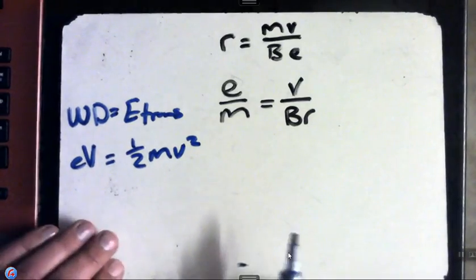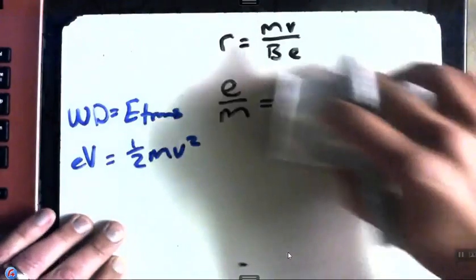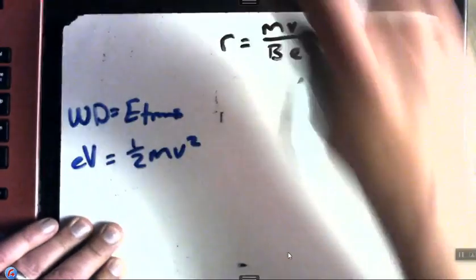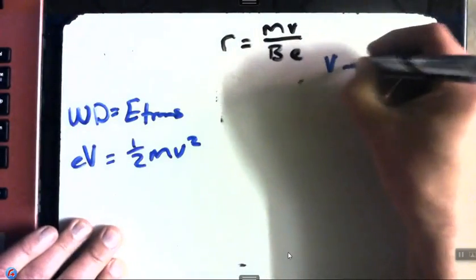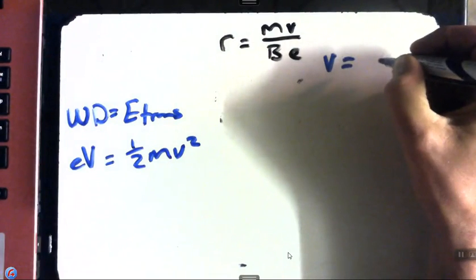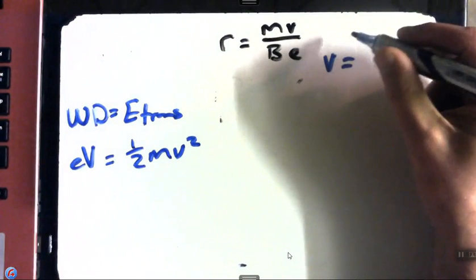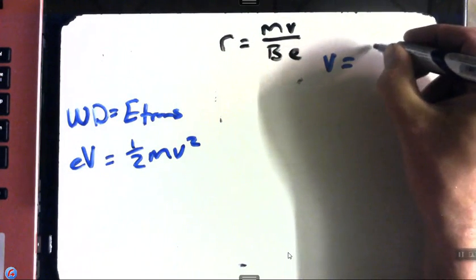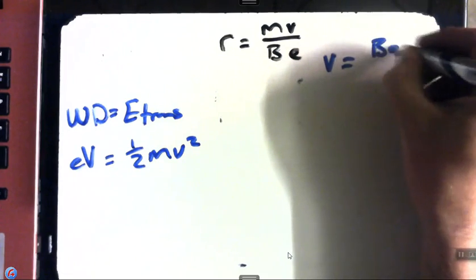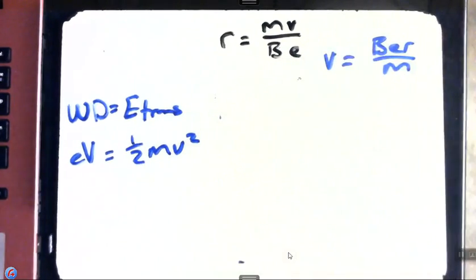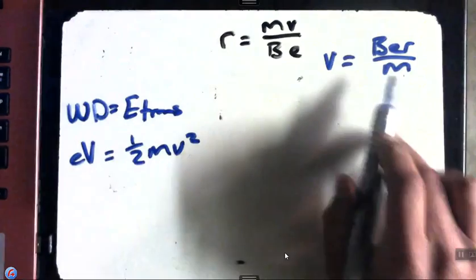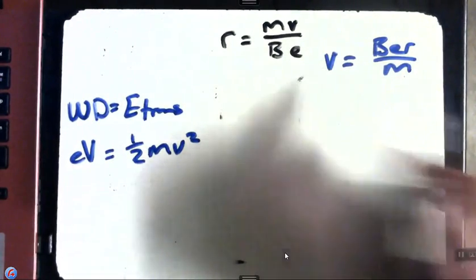To get rid of the velocity, we rearrange the equation and say v is equal to BeR over m, where m is the mass of the electron and v is the velocity of the electron.